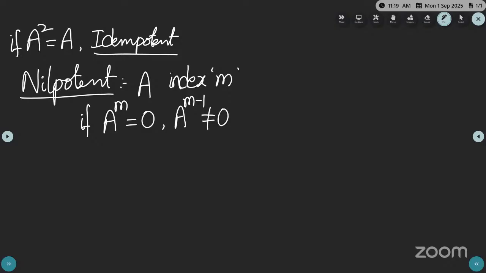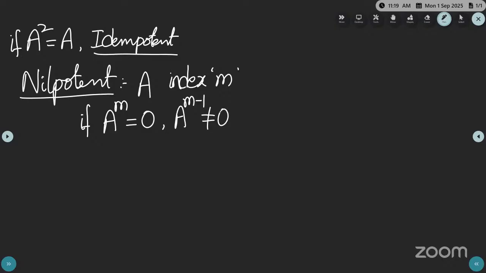Amma, see for example, sometimes A is not equal to 0, but A square will be 0. When A square is 0, A power 4 is also 0, A power 6, A power 8, A power 10 are all zeros, right? But what is the index here? 2 is the index, because 2 is the least positive integer satisfying A power m equal to 0 and A power m minus 1 not equal to 0.